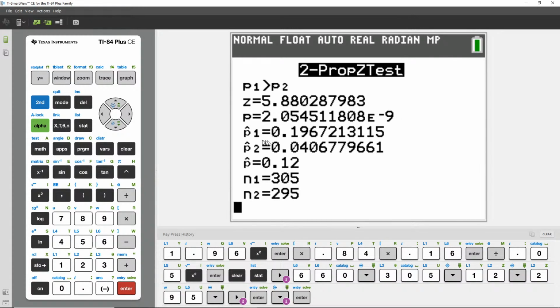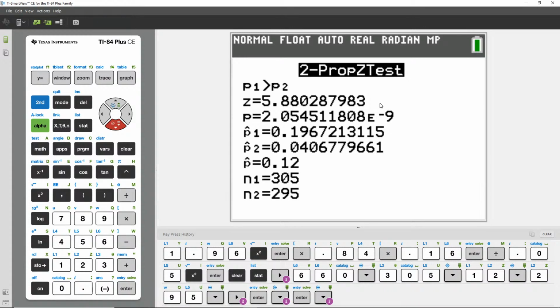And now we also have p1 hat and p2 hat, the proportions of the population. And that's all we have. So the p-value is very close to 0. It's very tiny, very small.